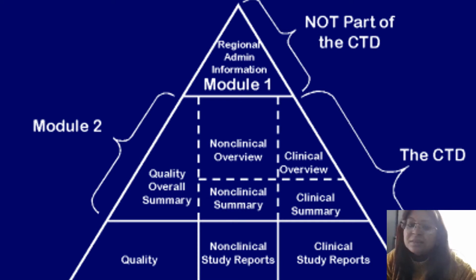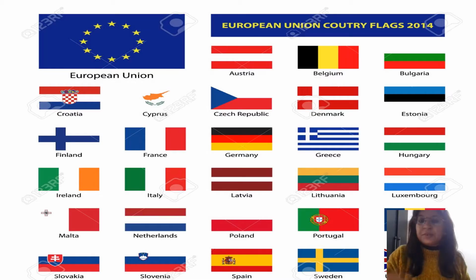It is just the gist of the complete CTD format. Then module 3 is the quality part. This is the most important part, or you can say the heart of your dossier. Then module 4 contains all the non-clinical study reports. Then module 5 is about the clinical study reports.